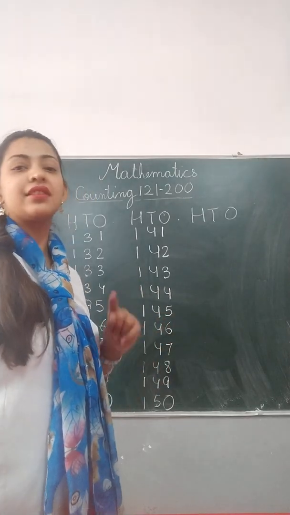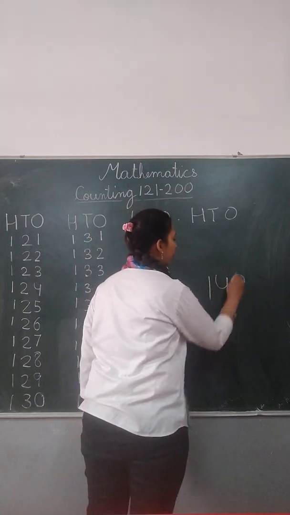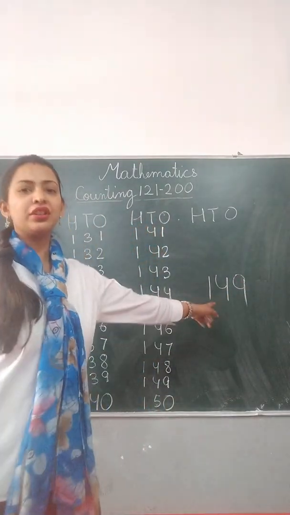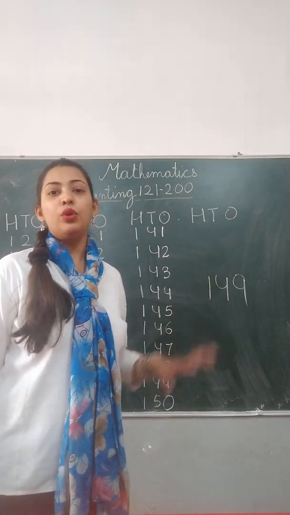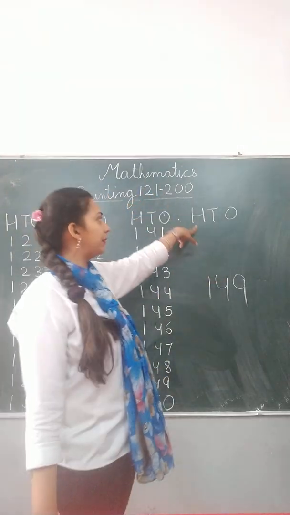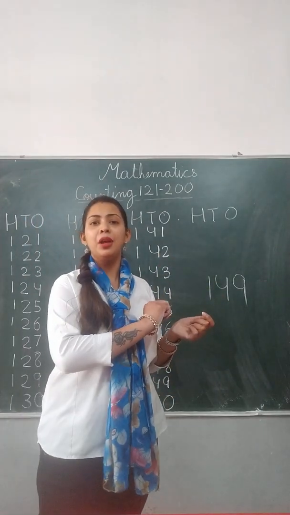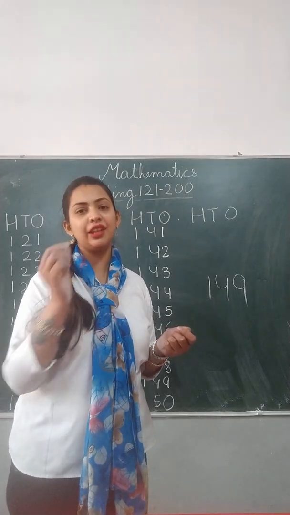The next thing is, sometimes students read numbers like this: 1, 4, 9. That is not the correct form to read the number. When you are reading the number, you have to speak it properly according to the place values. Read them loudly in the proper form, the way you are writing in the number names.